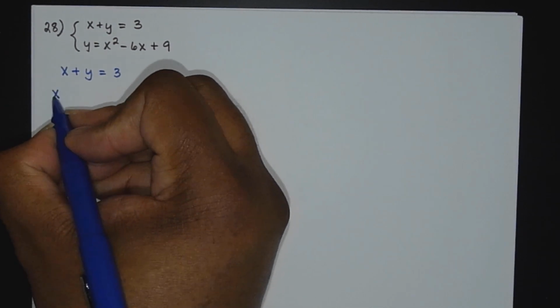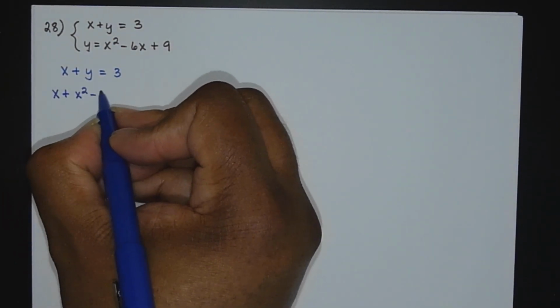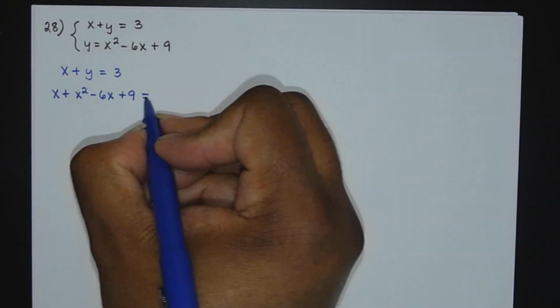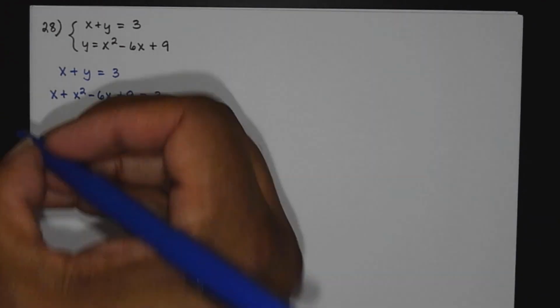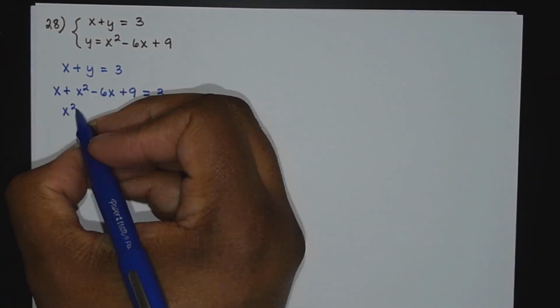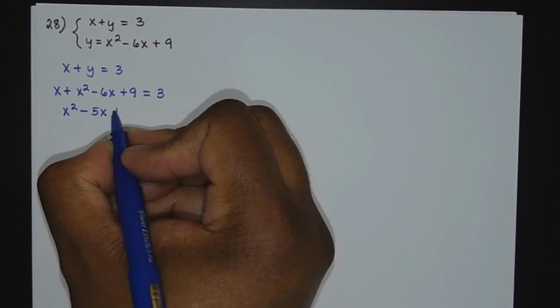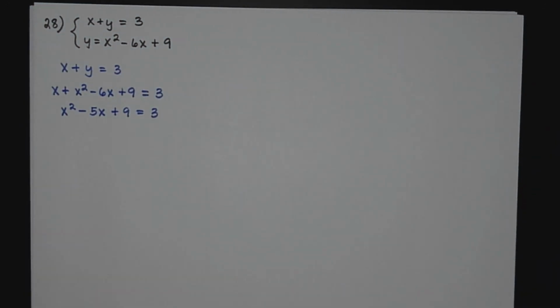So here I'm going to have x plus, and this y will be replaced with x squared minus 6x plus 9. And then that's equal to 3. All right, so let's combine some like terms here. Bring down the x squared. X minus 6x will be a minus 5x, and then plus 9 is equal to 3.